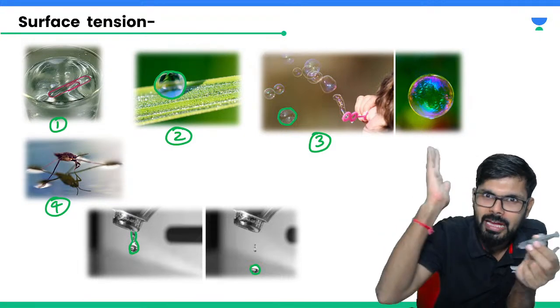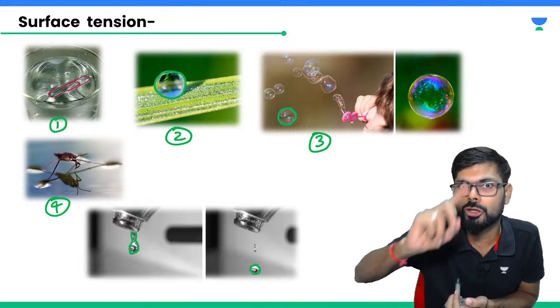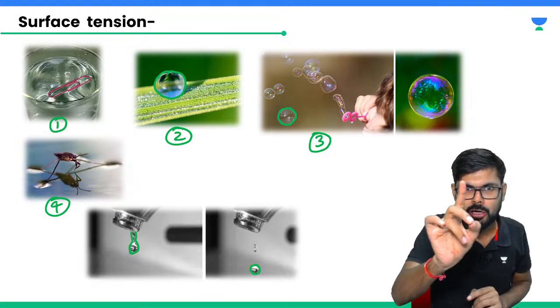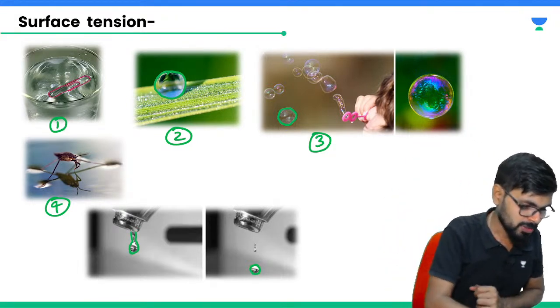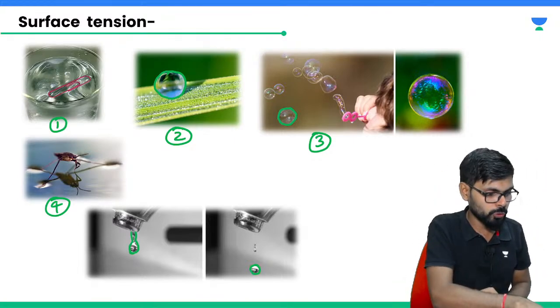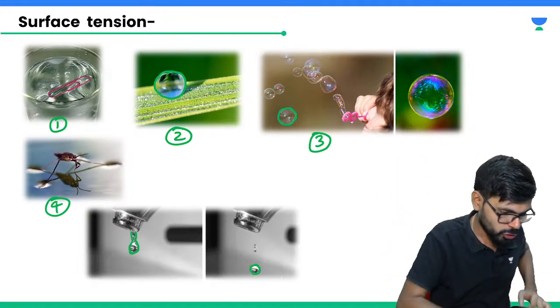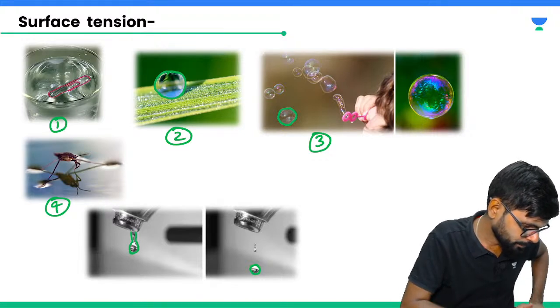Observe that droplet also. What difference do you see in both the droplets? If anyone tells me, I will give you a chocolate right now. It's a chocolatey problem. You will get the chocolate delivered at home, or maybe by Google Pay.